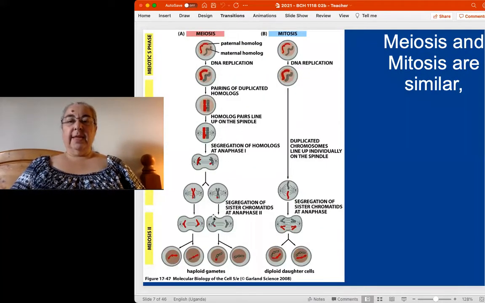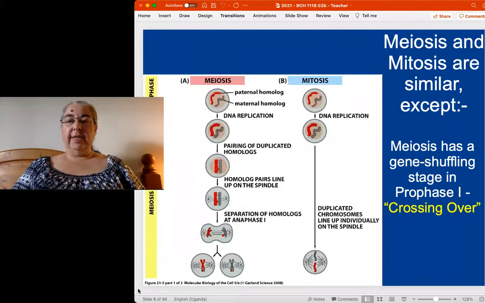Okay, so this is a diagram just lying side by side the process of mitosis that we've already looked at and the process of meiosis. And you'll see that they are quite similar in a lot of ways. However, there are differences. So one difference that we saw in the video is that meiosis has a stage called crossing over.